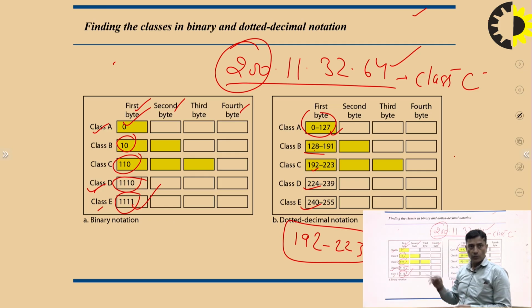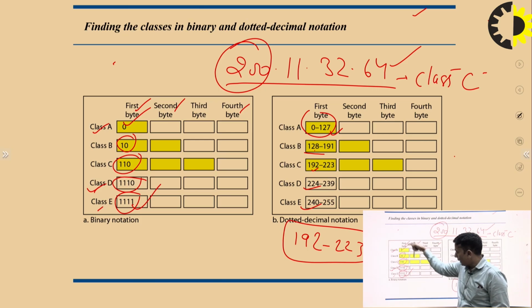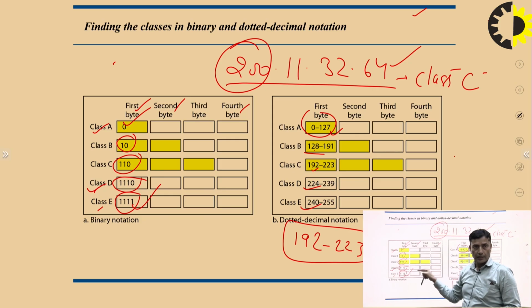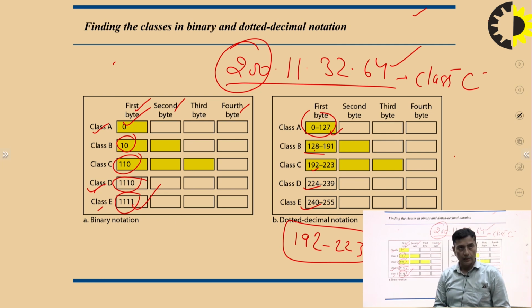So you should remember this: 0 class A, 10 class B, 110 class C, 1110 class D, 1111 class E. By looking at an IP address in binary form, if you have a clear idea about these classes and the values they start with, you can easily identify which class a particular IP address belongs to.